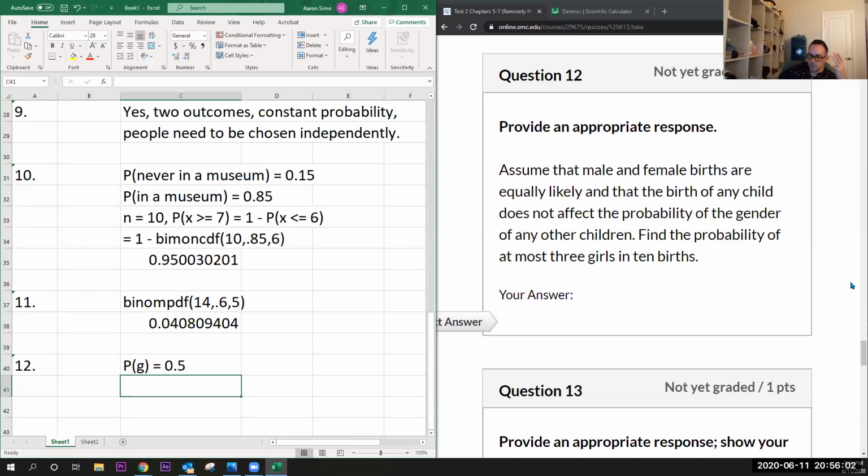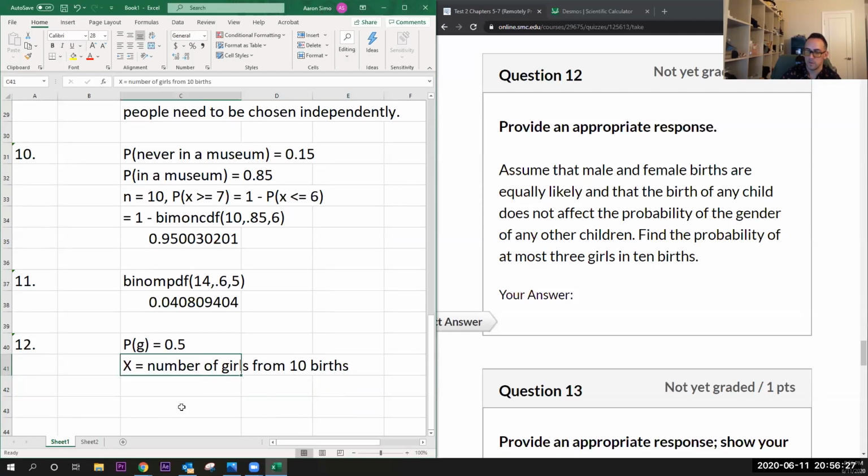At most 3 girls in 10 births. So we want the probability that, let's say, X equals the random variable number of girls from 10 births. Oh crap, random variables are capitalized. Probability that X is at most 3, less than or equal to 3.